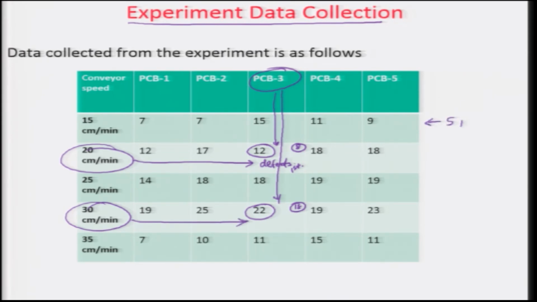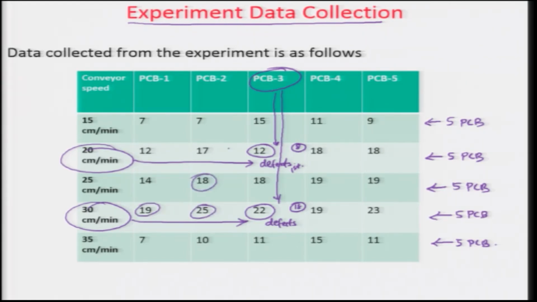There are 5 PCBs here, another 5 PCBs here, another 5 PCBs here, and another 5 PCBs here. So you require 25 PCBs, and at this particular speed you found 22 defects. You keep on collecting data, and these are the values that you recorded.